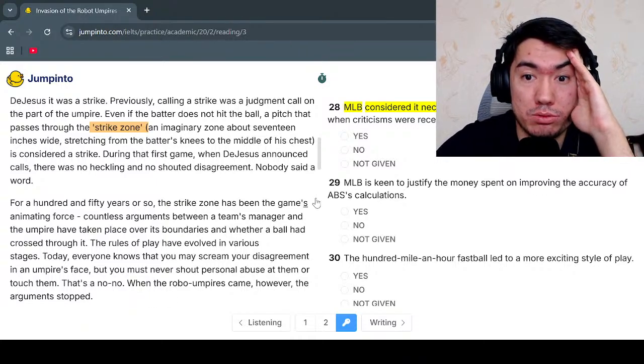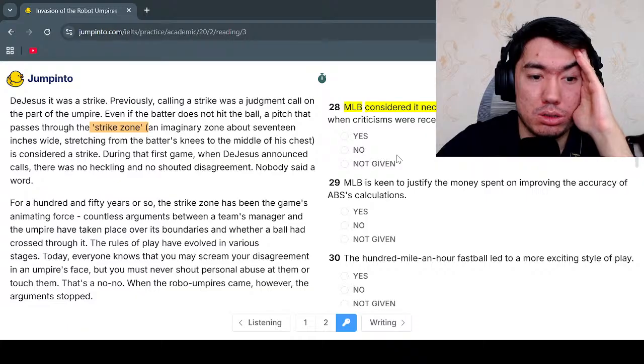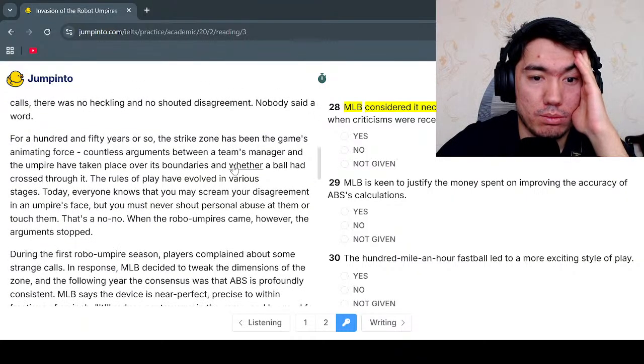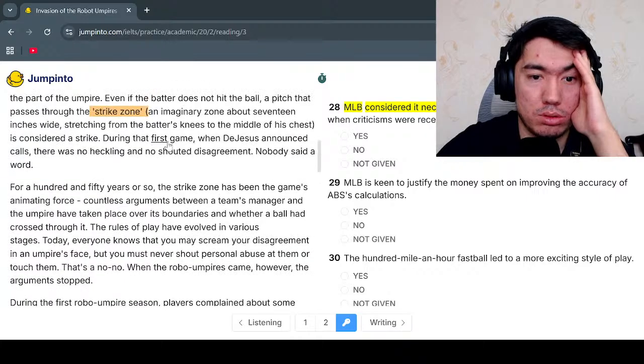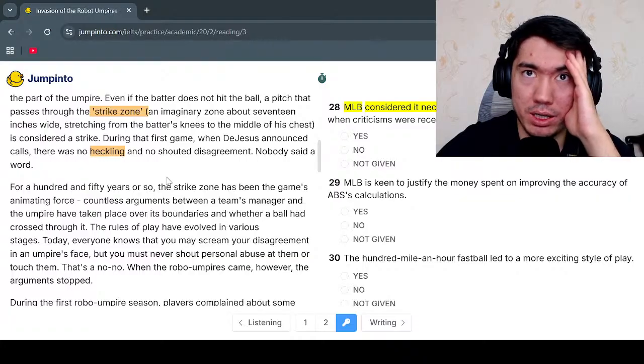This is also very hard. Okay, it's definitely here, the strike zone. There are no heckling. So heckling means like criticisms, like negative comments or any kind of comments from the audience.